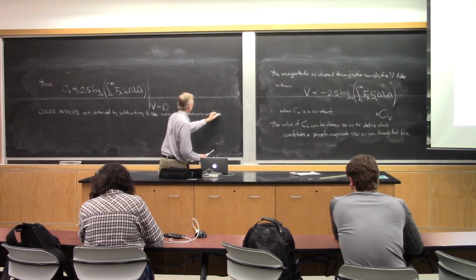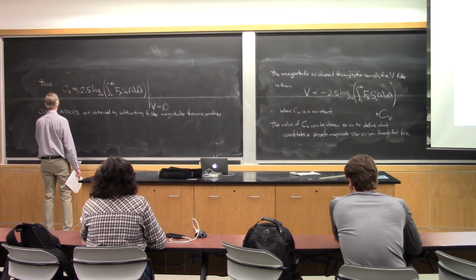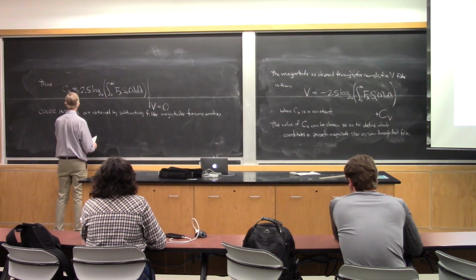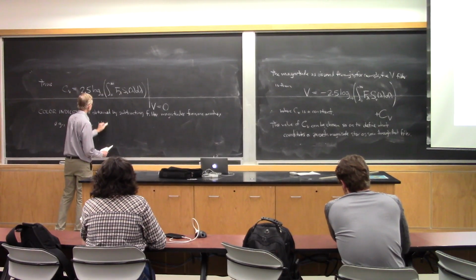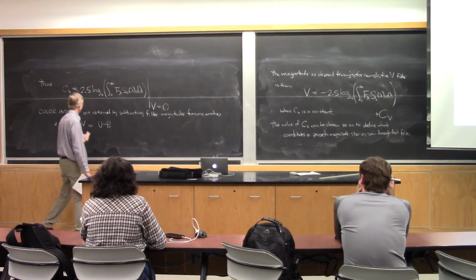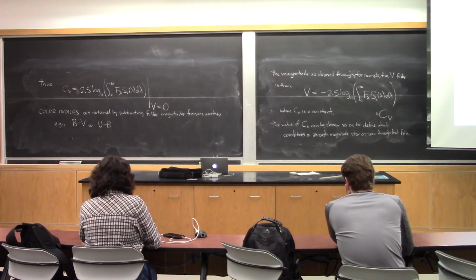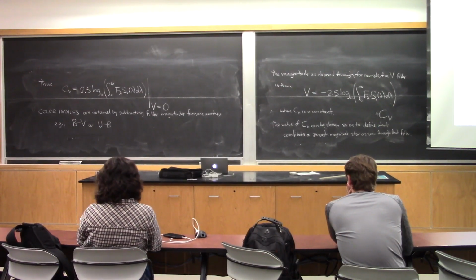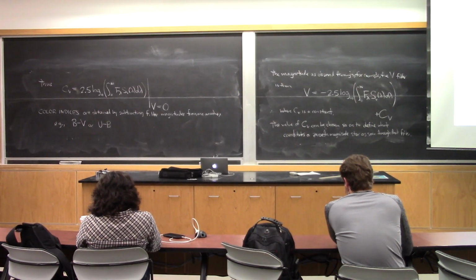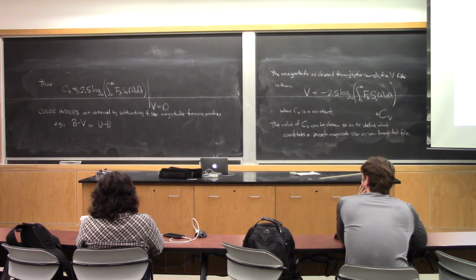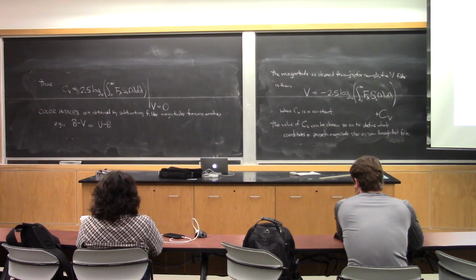So for example, there's a B minus V color index or a U minus B color index. Very often they're in successive filters by wavelength, so to speak. In other words, you could, of course, do B minus I if you wanted to, but usually we keep the two filters kind of close in wavelength. So we'll do U minus B, B minus V.